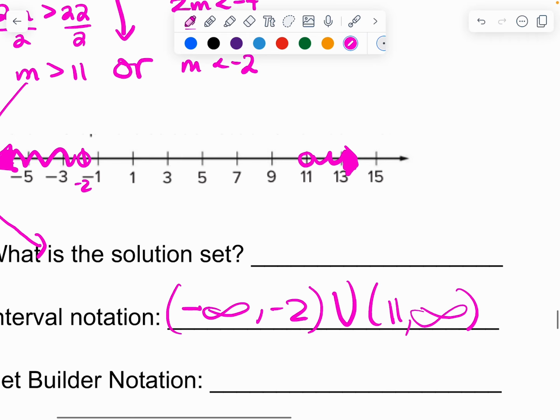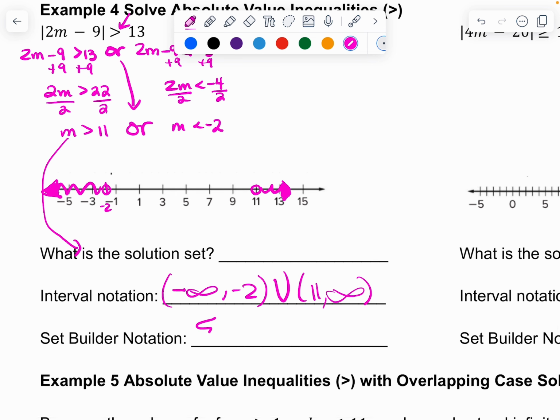And if I was doing set builder, it's m. I don't know why they're using m so much today. m is greater than 11, or m is less than negative 2.